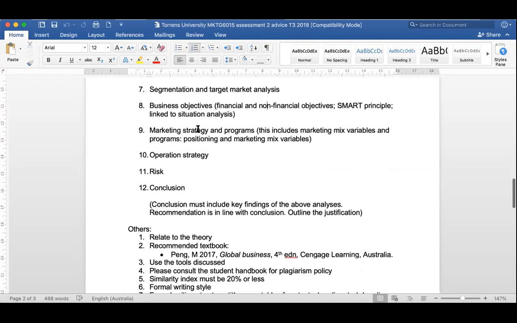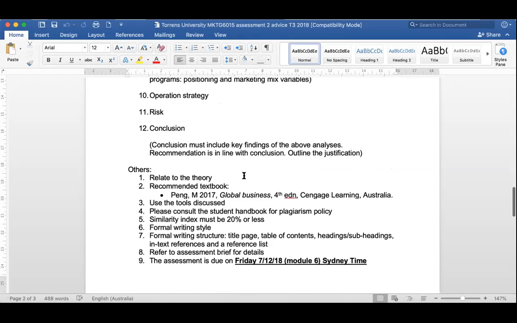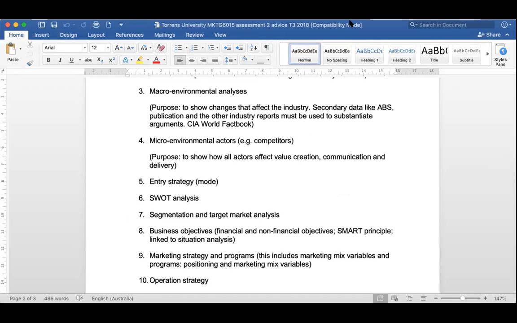Marketing strategy: tonight we complete the positioning discussion, and we are going to continue our journey with the marketing mix variables. After that, we are going to look at the operations. Risk: we discussed risk a few weeks ago, and you write the conclusion. So that's basically the assessment in a nutshell. Any questions, guys?